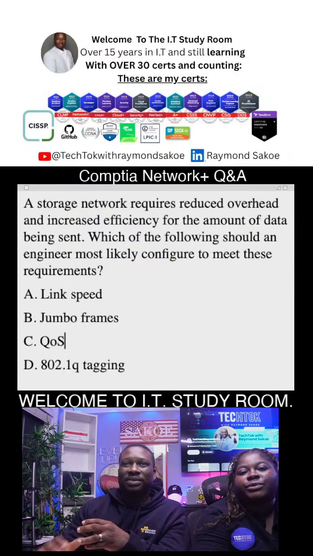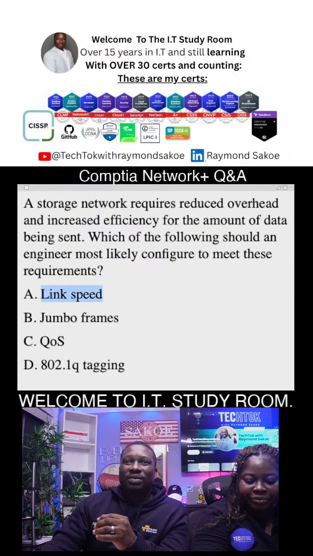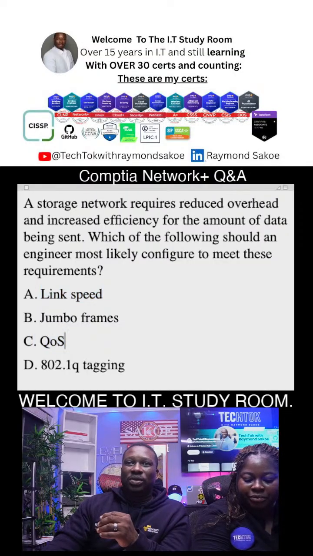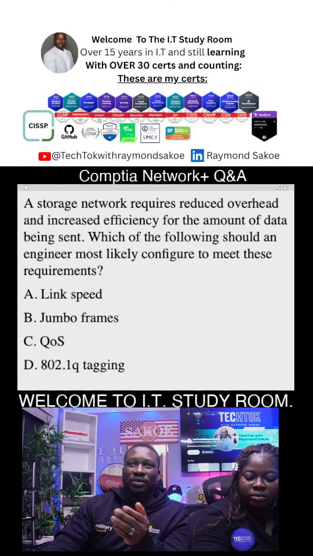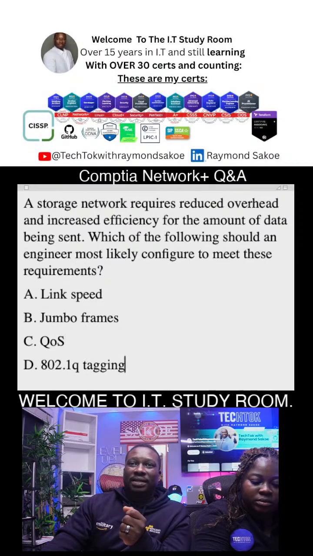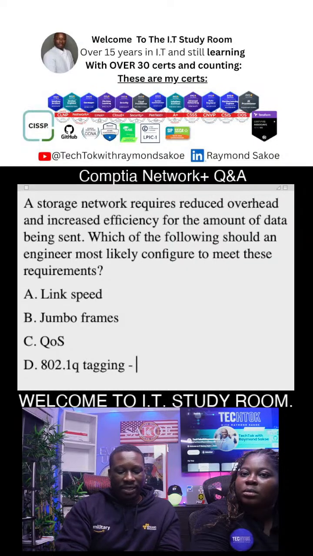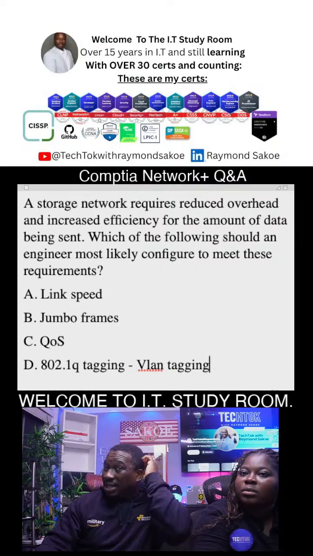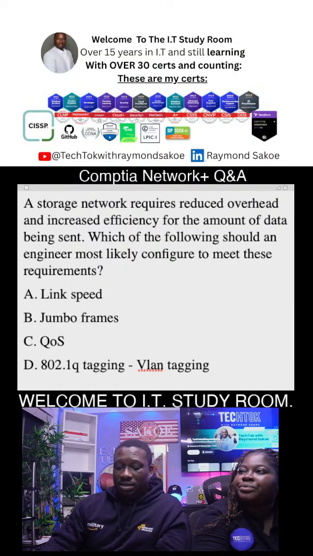So link speed wouldn't really help with that. QoS, we know, is priority of traffic. And then 802.1Q is VLAN trunking, VLAN tagging. So that is it for today.